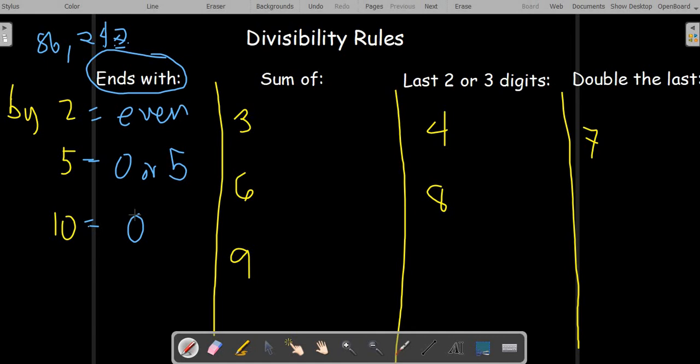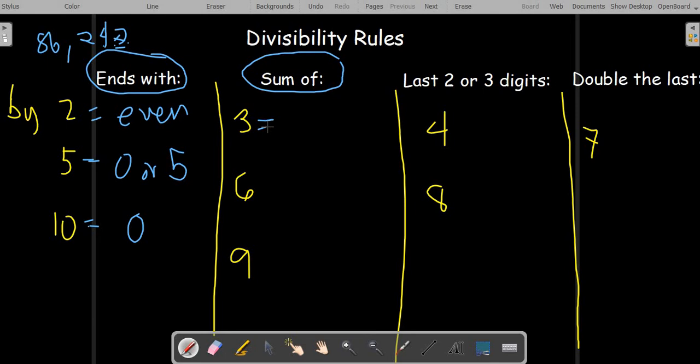The next group is the sum of group. A number is divisible by 3 if the sum of all its digits is a multiple of 3.